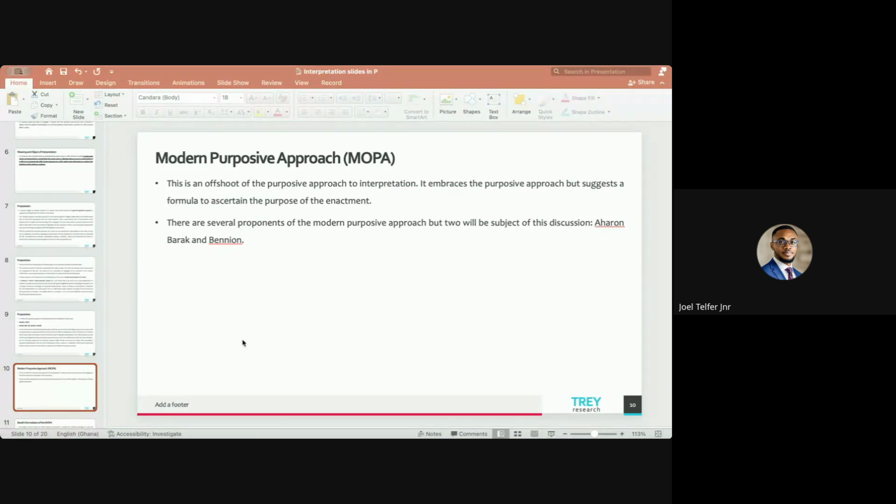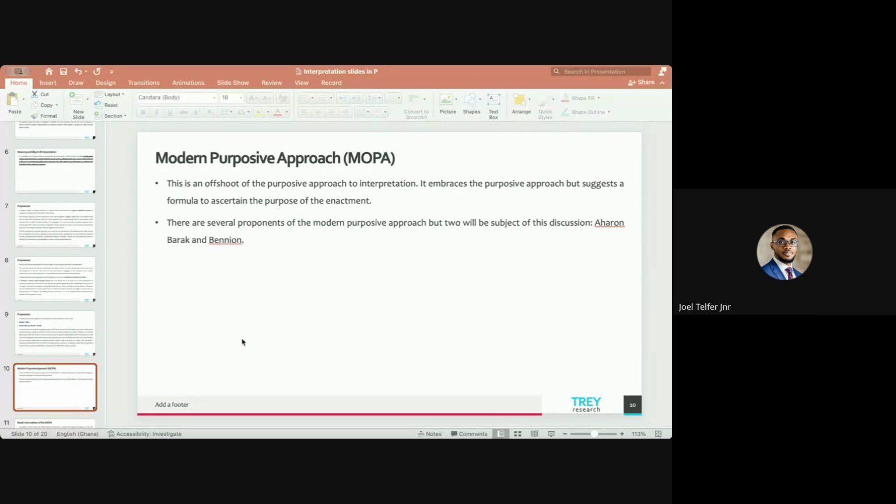Great. So the whole point of the modern purposive approach to interpretation is that they acknowledge that, well, we need to find the general legislative intent, the authorial intent of an enactment or a document or a constitution. How we go about it, we are not so clear.